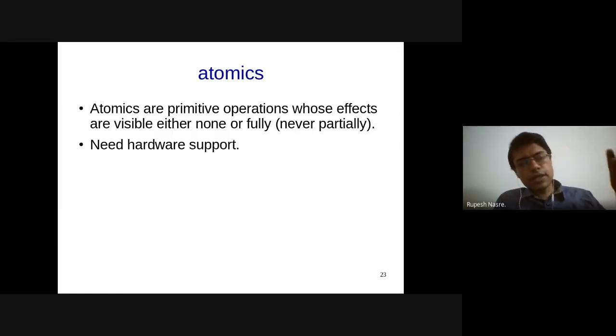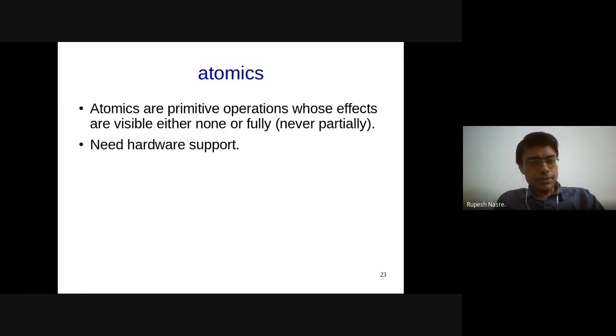Correct. The assignment statements that we had, flag of me equal to true and victim equal to me, were atomic in nature. Almost all hardware has primitive assignments, or primitive writes, being atomic. That is, if you are writing to a character, a byte, an integer, a float, and these days a double also, all these assignments are atomic by default in hardware.